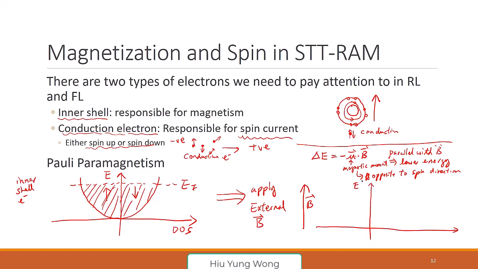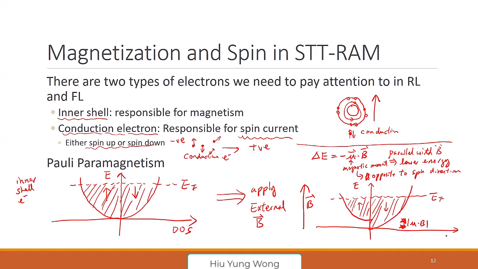This is the energy when you have the external magnetic field, because of this extra energy, mu dot B. The one that is opposite to the magnetic field actually gets more filled up because it has lower energy. And the one that is in the same direction as the magnetic field actually gets less.